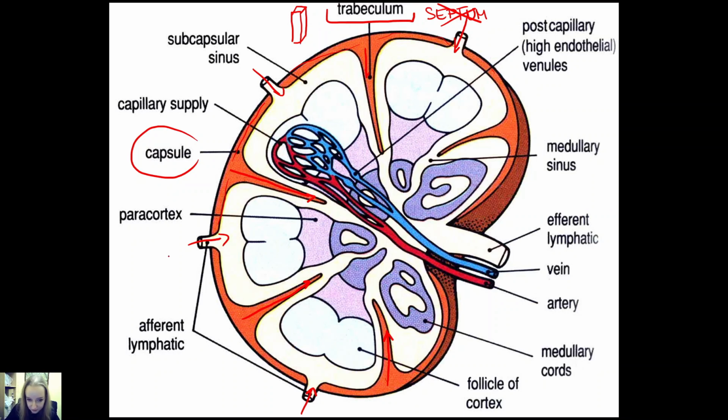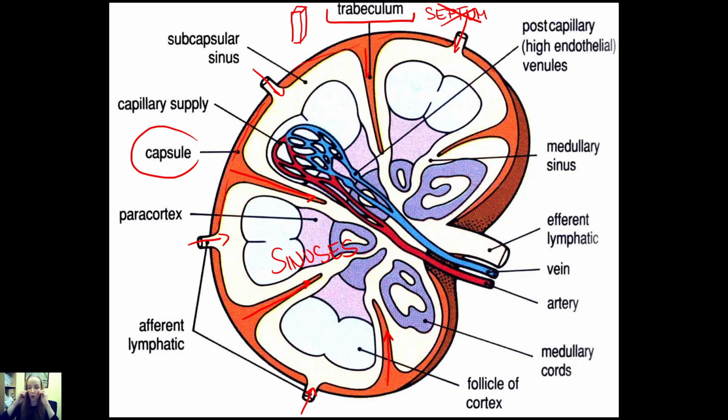So lymph goes from these afferent lymphatic vessels here to the lymph node. Here in the lymph node we can find sinuses, lymphatic sinuses. There are many types of lymphatic sinuses, so just write it down. Sinuses here.